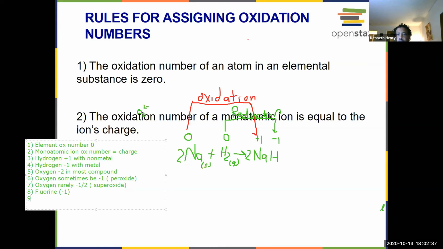And then all your other guys are going to have a -1, except when they're with hydrogens or other, so let's go, other halogens are also going to be a -1.